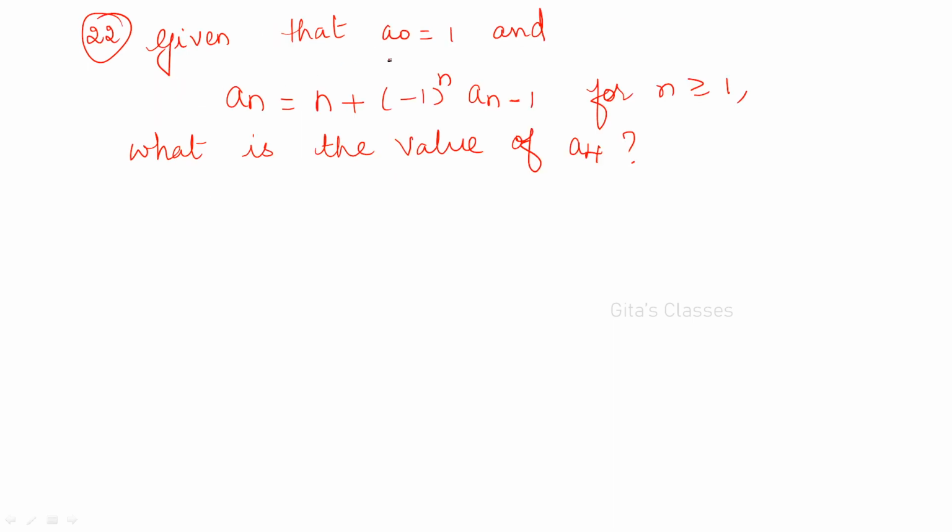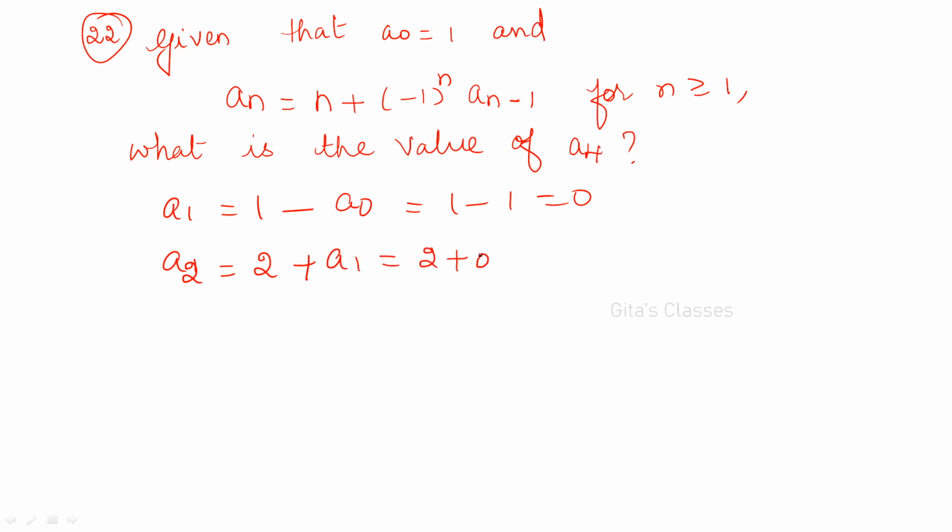Then given that a_0 is equal to 1 and a_n is equal to n plus (minus 1) to the power n into a_(n-1), for n greater than or equal to 1. What is the value of a_4? So a_1 is 1 plus minus 1 power 1 into a_0. So 1 minus 1, it is 0. Similarly a_2 is 2 plus (minus 1) squared, so plus a_1.